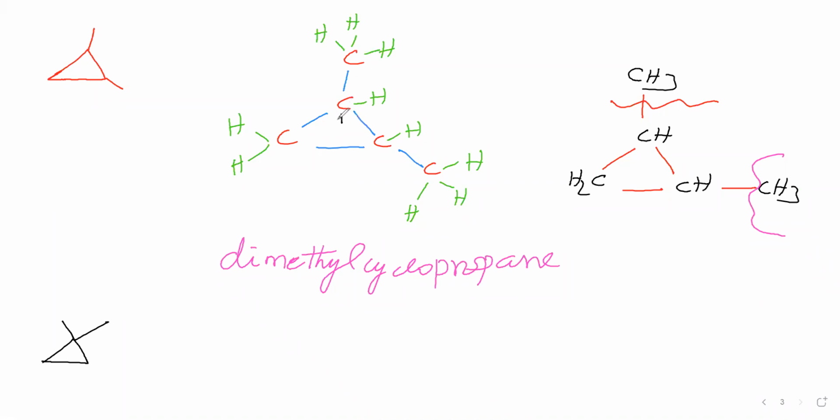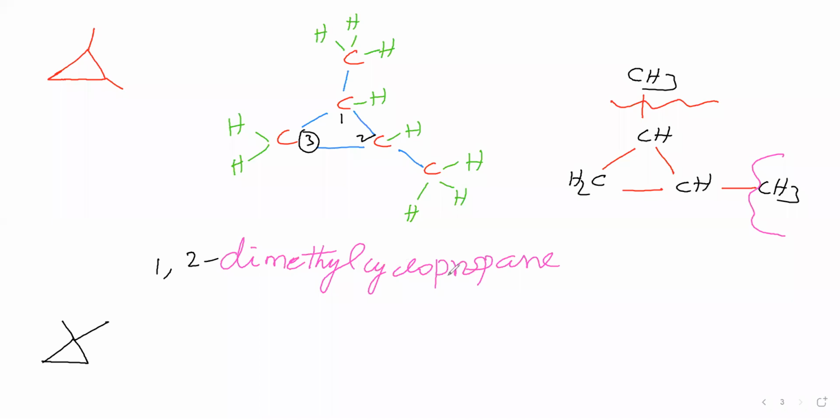Number 2, where shall we go, left side or right side? Go right side, because the right side carbon has a branch and the left side carbon does not. So number 2 on the right side. This methyl group is present at the first carbon, therefore 1. This methyl group is present at the second carbon, therefore 2.